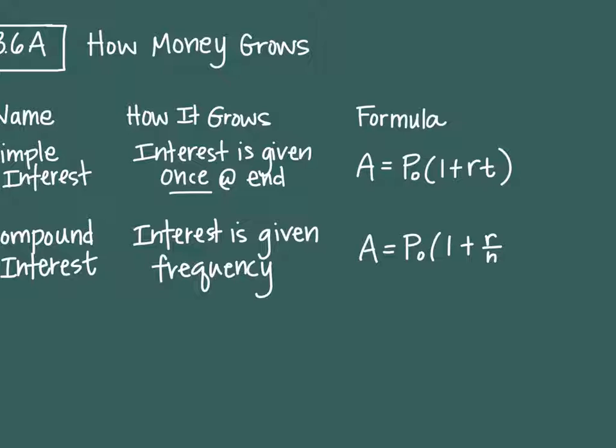If it's every other month, then N is 6. If it's every week, it's 52. It's whatever you and the bank decide. And then the time is up in the power, multiplied by that same N.